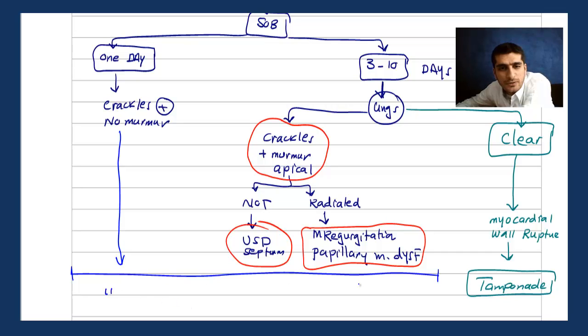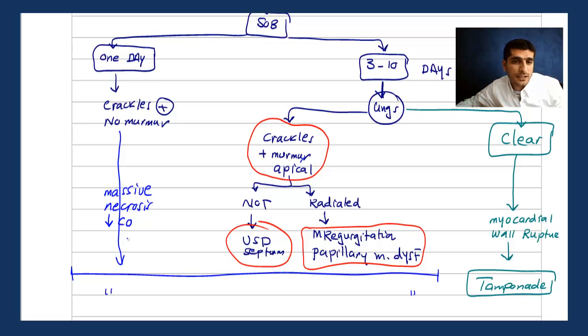The disease is mitral regurgitation, VSD or massive necrosis. By the way, on the first day, why does the patient have crackles and no murmurs? This is due to massive necrosis, and because of the massive necrosis there is no contractility, a significant decrease in contractility, so decreased cardiac output.